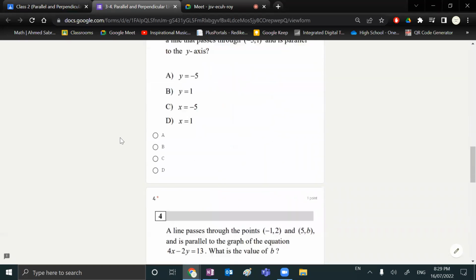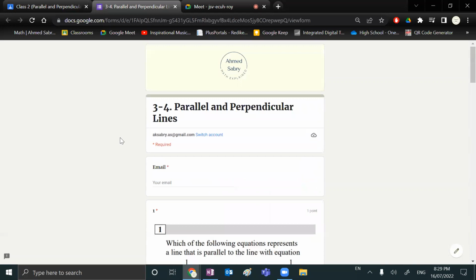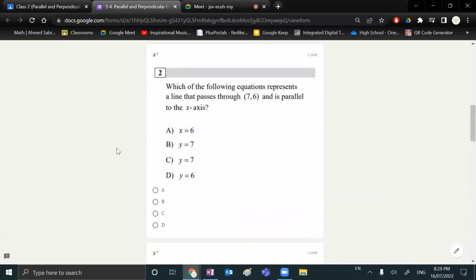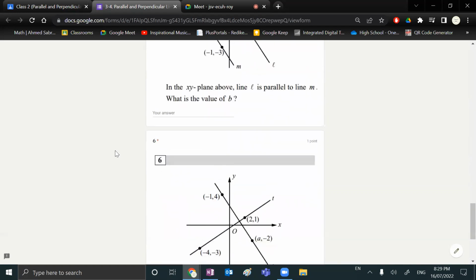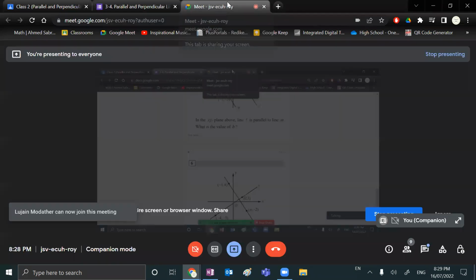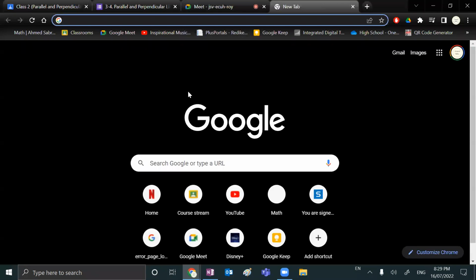They're very similar to the questions that come in the test itself. As usual, since these are a total of 6 questions, I'll give you a total of 12 minutes to solve all 6 questions. Please make sure to finish within that time. So Google Classroom, 3-4, parallel and perpendicular lines.